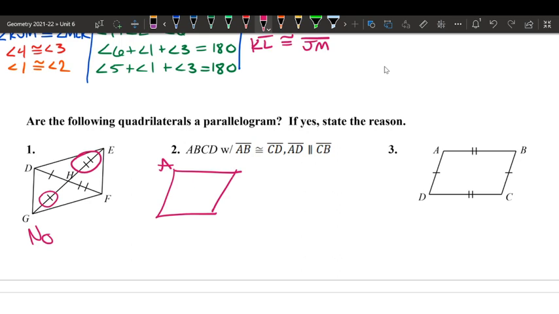So I have A, B, C, D, and it tells me that AB is congruent to CD, and AD is parallel to CB. So I have a set of parallel lines and I have two congruent segments. So is it a parallelogram?